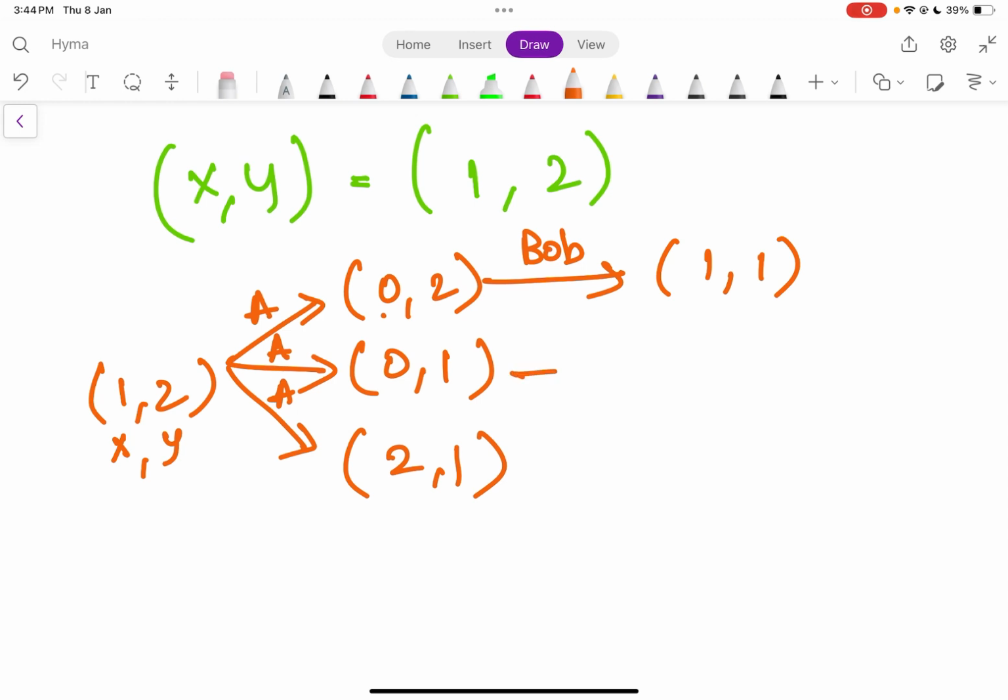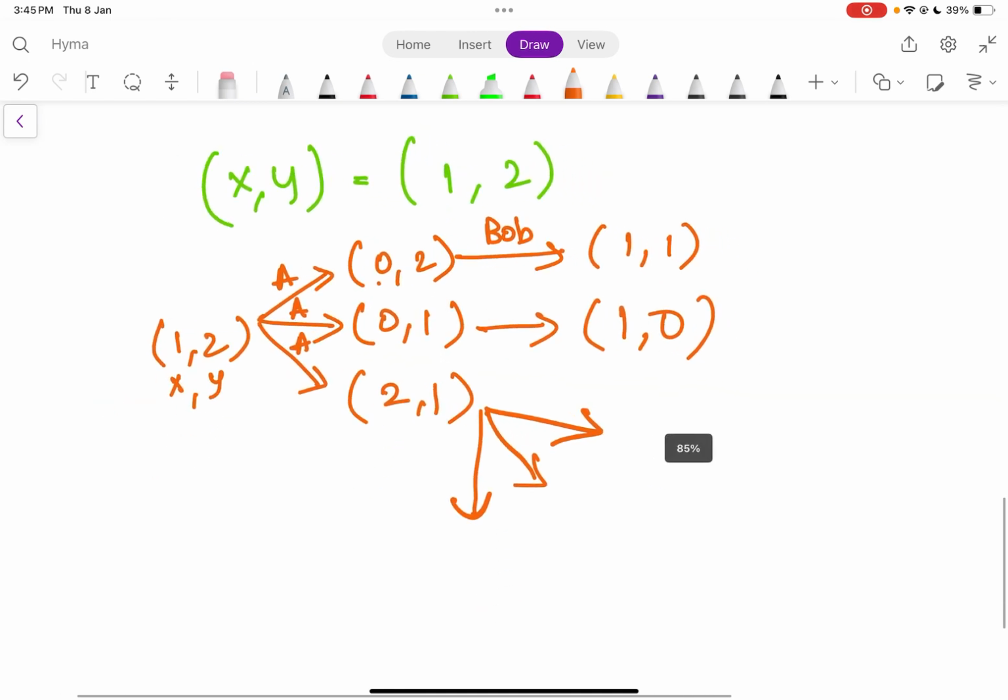In this state, Bob only has one operation, the third operation, making the cakes go down by 1 and incrementing biscuits by 1. So it will be like this. At this position, Bob again has 3 options.